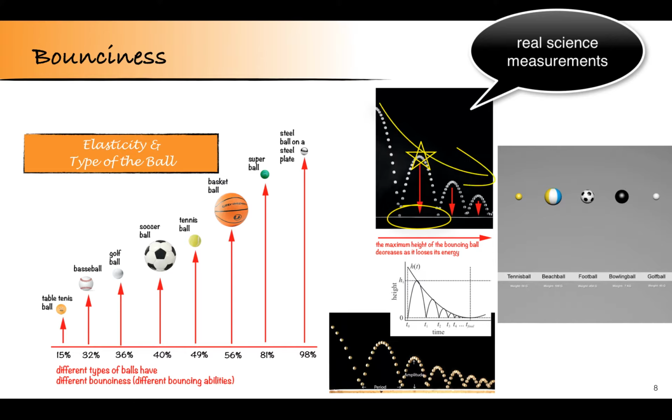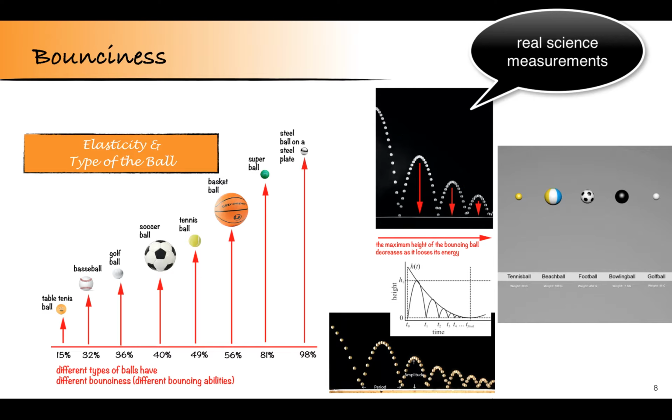Regardless if you have 5 bounces or 50 bounces until the ball settles, every bounce will be lower and lower in amplitude and height, but also the time between two consecutive bounces will become shorter and shorter until the whole energy is dissolved from the ball.